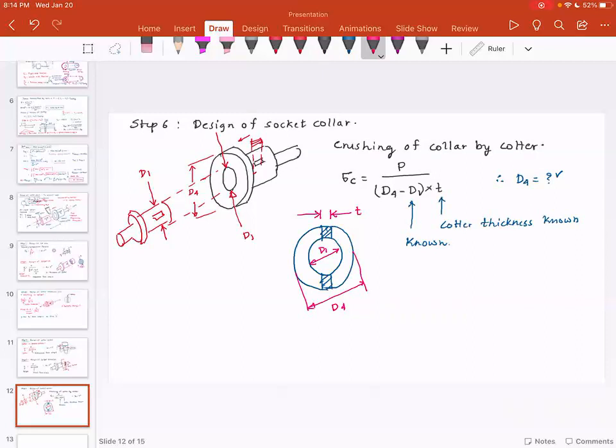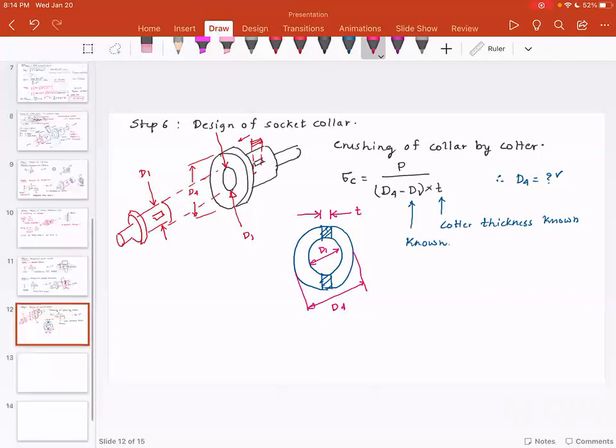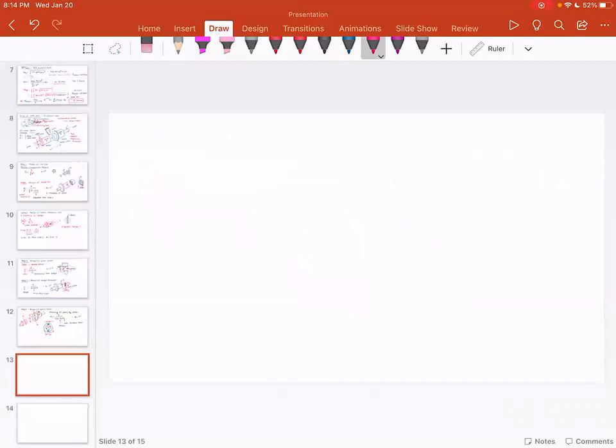So with this, once we know the value of D4, next step, which is step 7, is determination of collar width, or design of collar width.